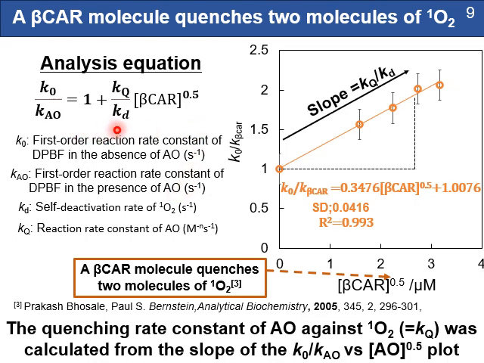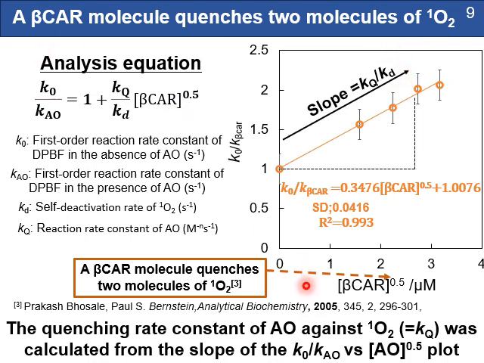In this equation, the vertical axis presents the reactivity, the DPBF decomposition rate in the presence and absence of antioxidants, while the horizontal axis shows the antioxidant concentration. The slope of this plot reflects the singlet oxygen quenching activity.